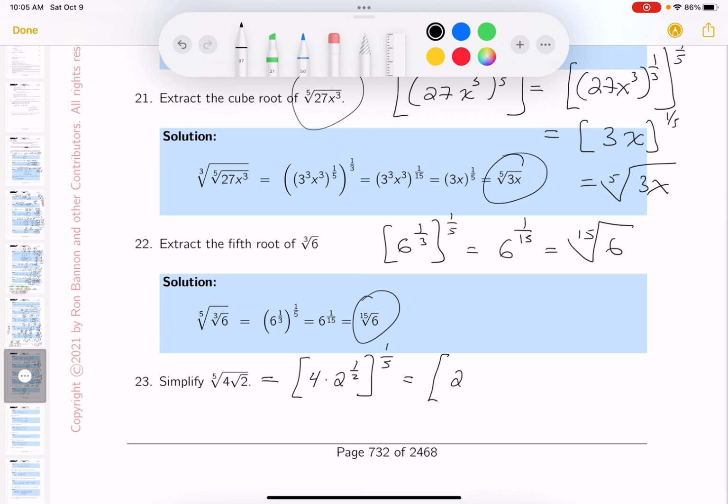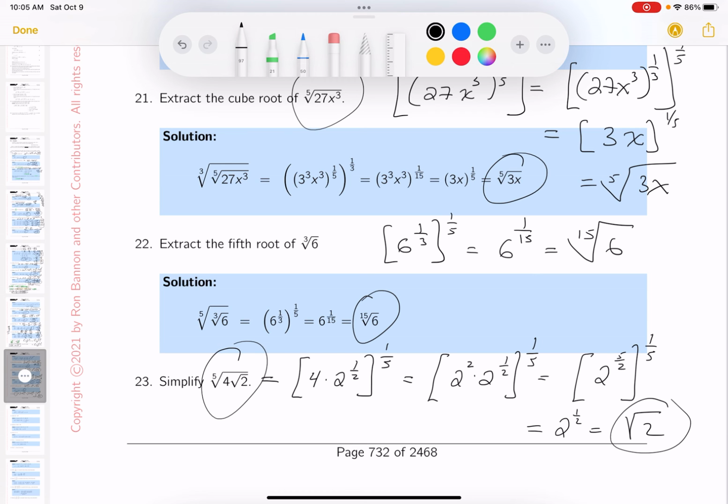So it's going to be 2 squared times 2 to the 1/2, to the 1/5. I'm still working on the inside. What do you get over there? Well, you get 2 to the 5/2, to the 1/5. What does this give you? It's really kind of simple, because 5/2 times 1/5 is going to be a half. So you get 2 to the 1/2 power. What's that going to be? The root of 2. So this turns out just to be the root of 2.